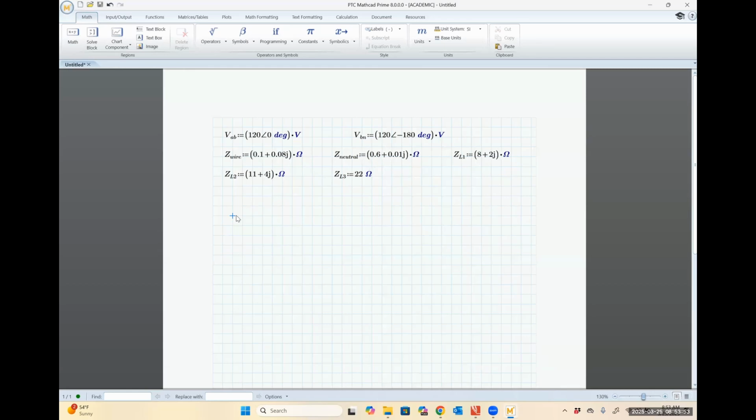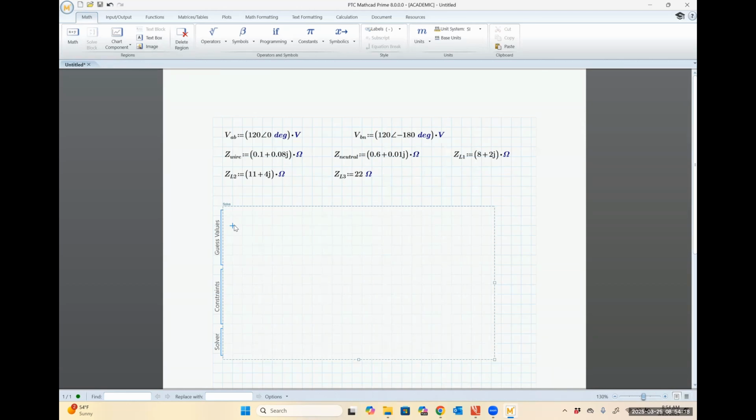Okay. So now I'm going to use what's called a solve block in order to solve the system of equations that we developed when we did our mesh analysis. So up here where it says guess values, this is effectively where I'm declaring the different variables that I'm going to try to solve for.